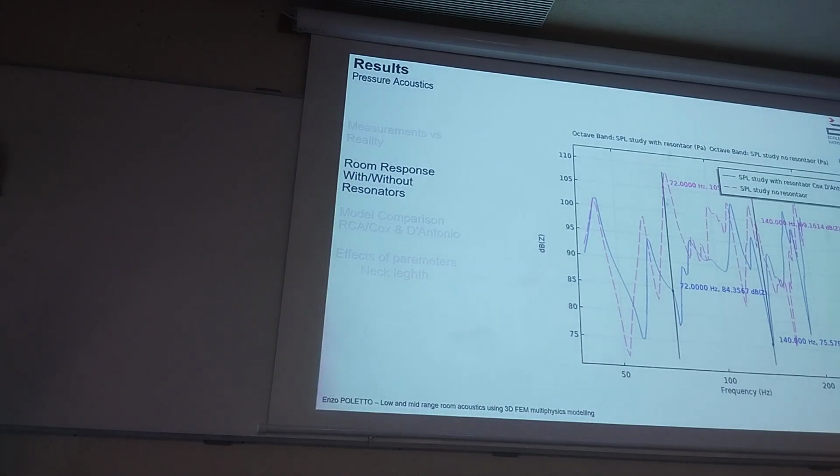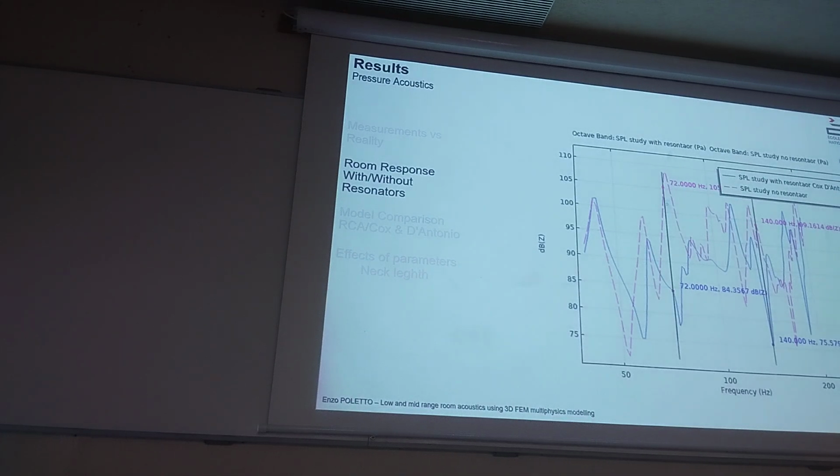Now, I also did a comparative study with the room without the resonators and with the resonators. I tweaked the resonators at 72 hertz using the Cox and D'Antonio model. At 72 hertz, when I don't have the resonators, I'm over there with 105 decibels.